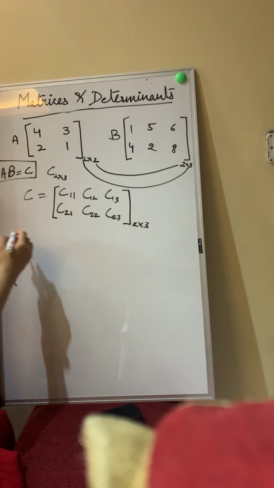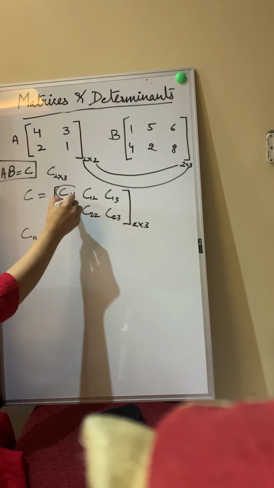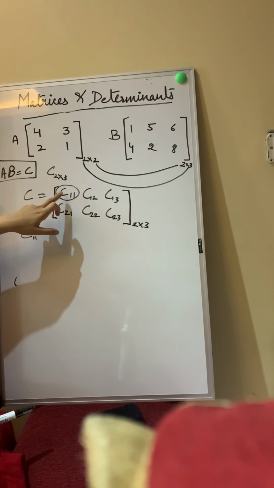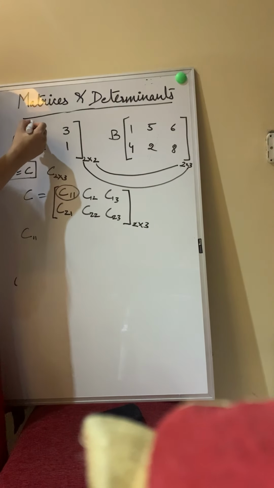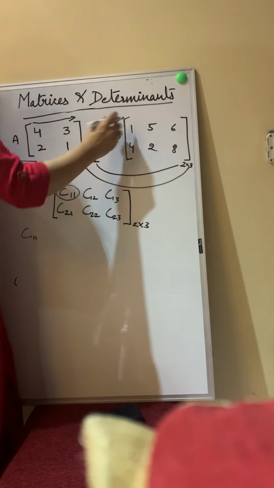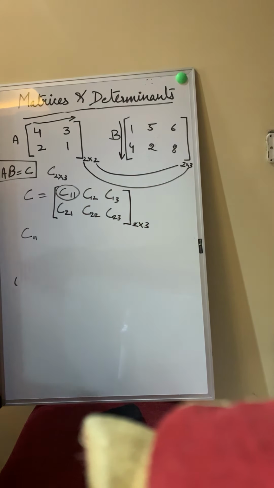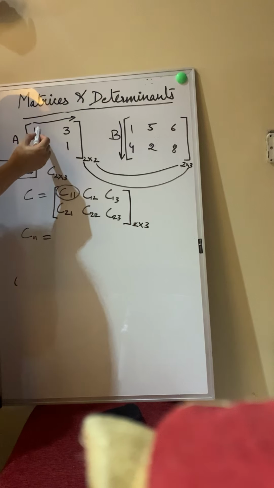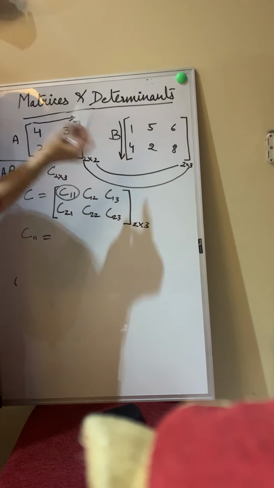First, I am calculating the value of C11. To calculate the value of the first element, that is of first row and first column, I told you we have to go like this. The number of columns should be equal to the number of rows of the other matrix. So the value of C11 will be equal to, we have to multiply 4 with 1 and plus 3 with 4.